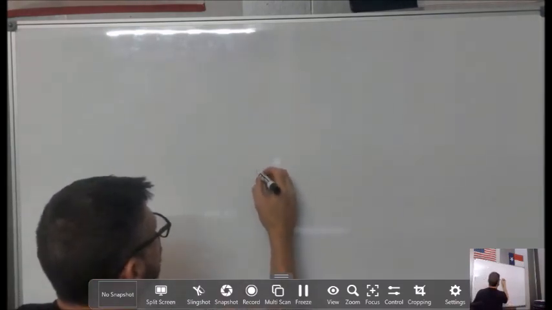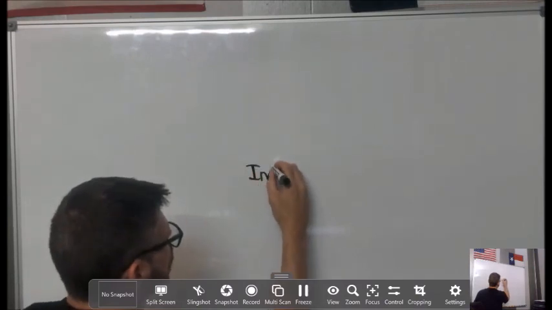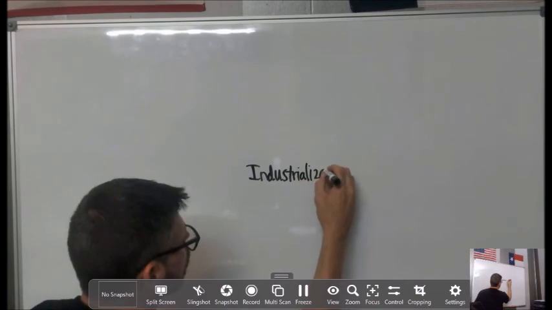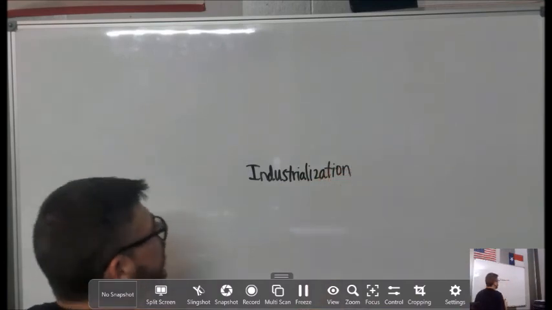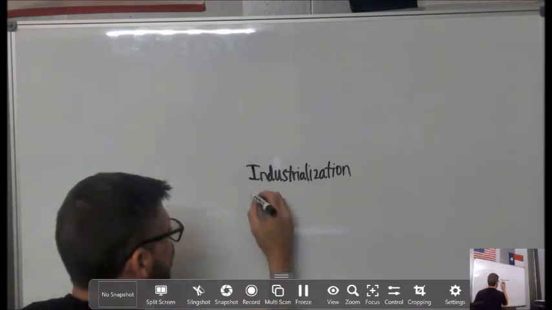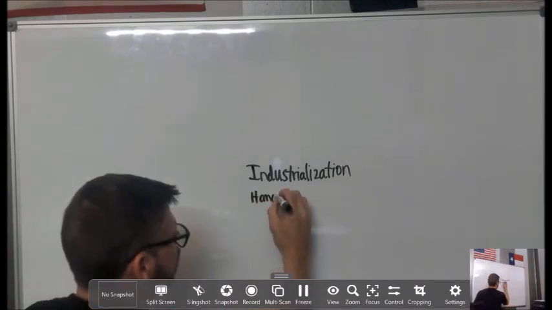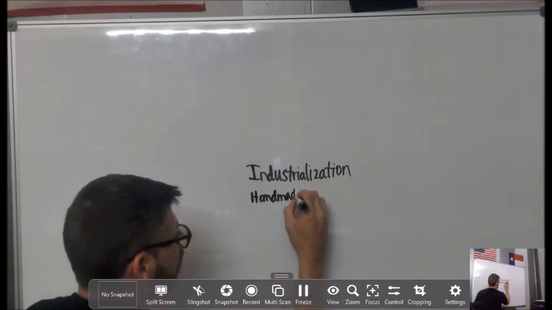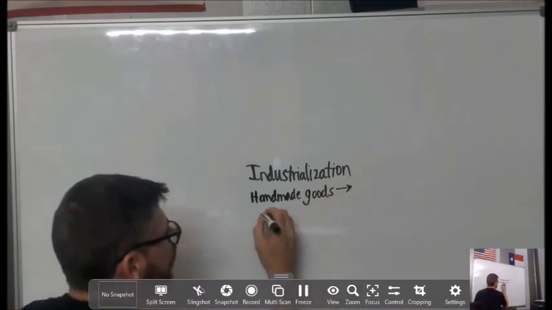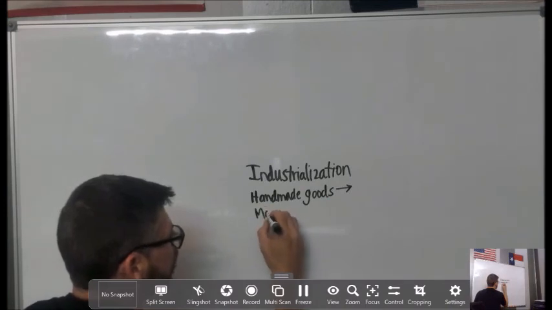All right, so the topic that we're going to do, the cause and effect multi-flow map, is industrialization. And the basic definition of industrialization is handmade goods to machine-made goods.